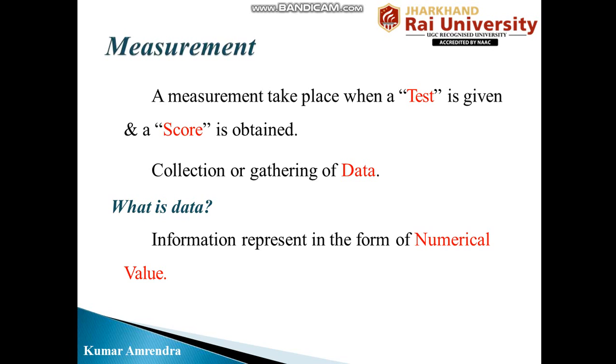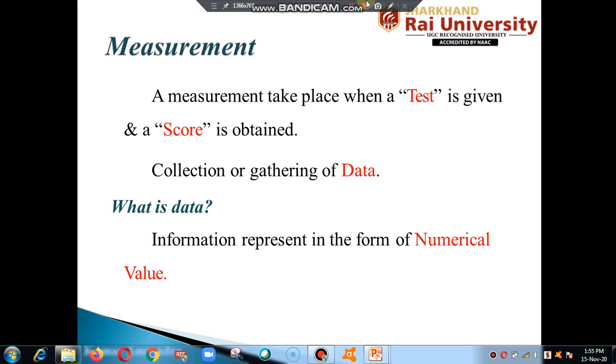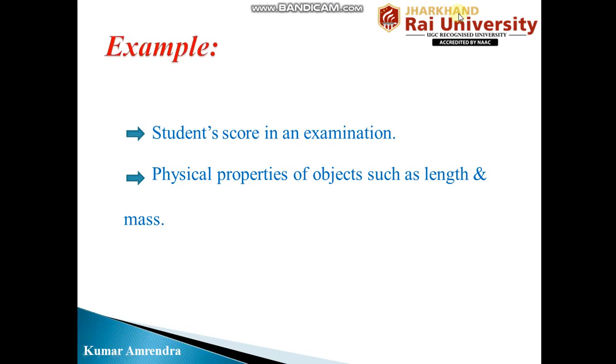So what is data? Information represented in the form of numerical values is known as data. Data is any information about anything that is represented in the form of numerical values. For example, a student's score in an examination is also a measurement.